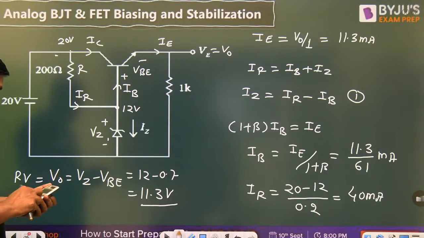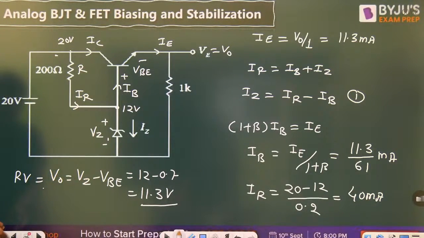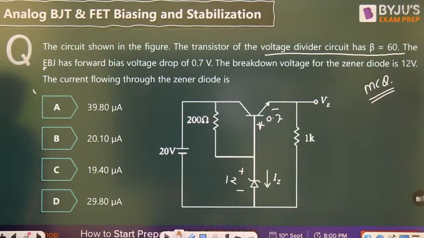40 minus 11.3 divided by 61, that gives 39.815 or 39.81. This is the value of IZ. Which answer is 39.8?